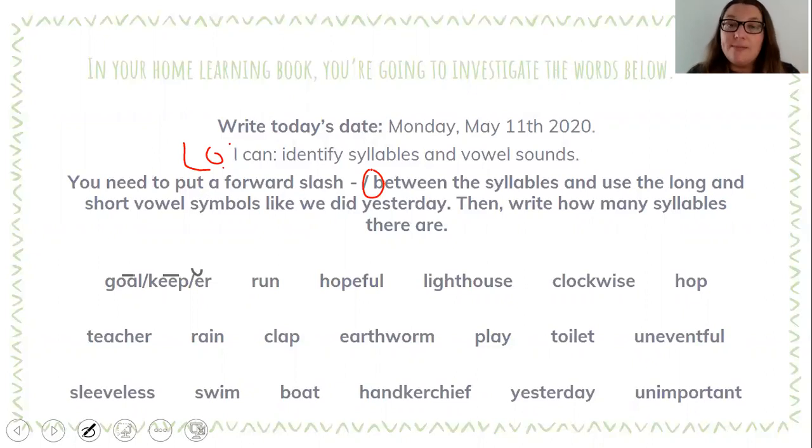Now, for some of you, you are going to be doing level 1, okay? And that's only choosing 6 words to do, okay? They can be the hardest 6, the easiest 6. Level 1 is choosing 6 of the words and writing them down. Level 2 is doing 12 words. So you need to choose 12 of the words and write them in your book, and then put the slashes where they belong and the vowel sounds, okay?